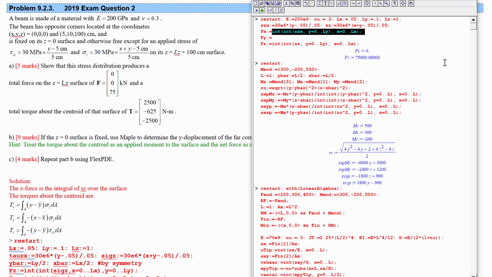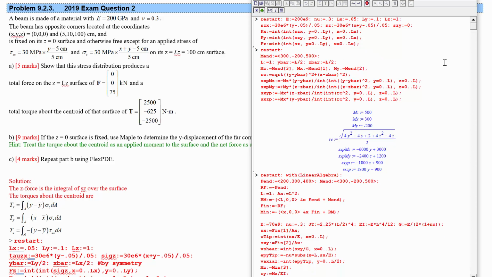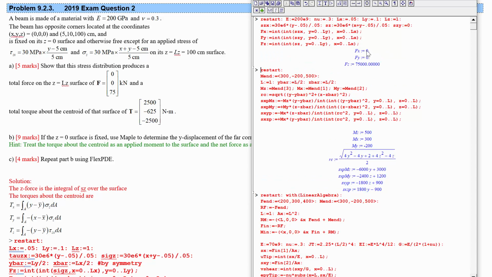Fy on that surface would be the same integral of the stress on the Z surface in the y direction, which is 0. We don't have any S on Z and Y. So we'll just put that in. And there we go. So we have indeed a force of 75 kilonewtons in the Z direction and no force in X or Y.